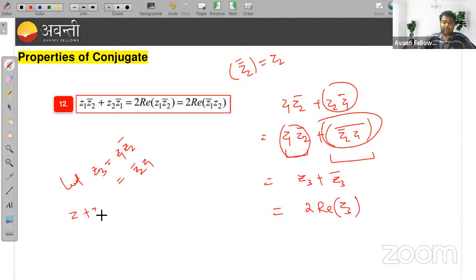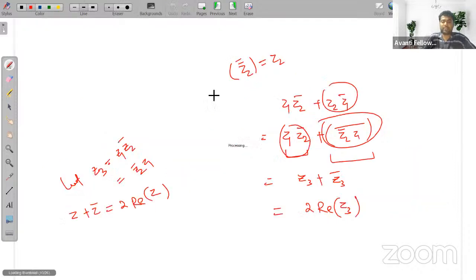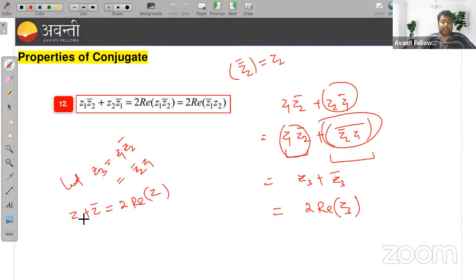Remember, I already told you that Z plus Z bar is 2 into real of Z, and also 2 into real of conjugate of Z. So by using the same property, since Z plus Z bar is equal to 2 into real of Z, we can write here 2 into real of Z3, and it can also be written as 2 into real of Z3 bar.